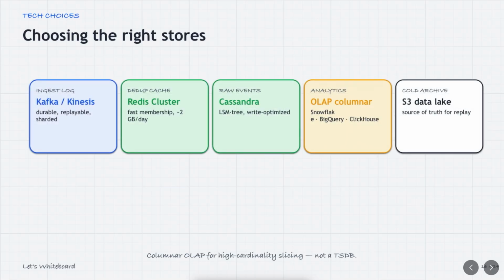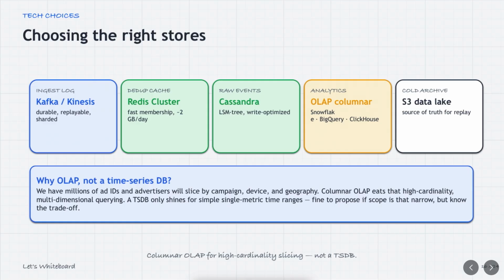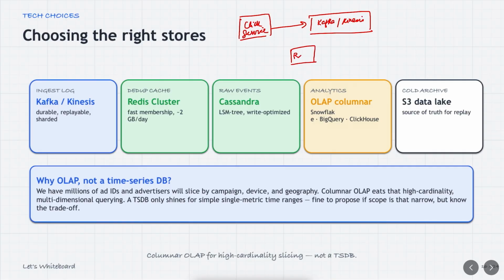Now, one thing more that we can discuss is that at multiple given points, we have chosen a data store. For example, we had a click service. After that, we chose Kafka or Kinesis. In between, we chose a Redis store.